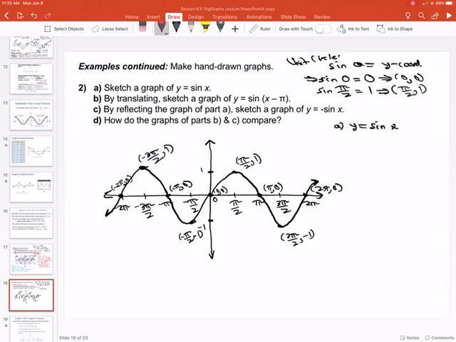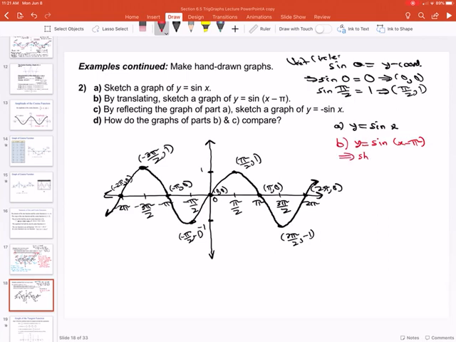Let's go to the graph of sine of x minus pi. All right, so if you want, we can put this one in red. What's the graph of y equals sine of x minus pi? Now, the sine of x minus pi implies we have a horizontal shift.